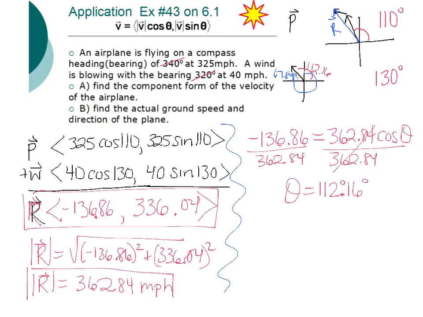Now, I'm going to add that to the 270 that's wrapping around. There's your 270. And I get 337.84. And that is the bearing.